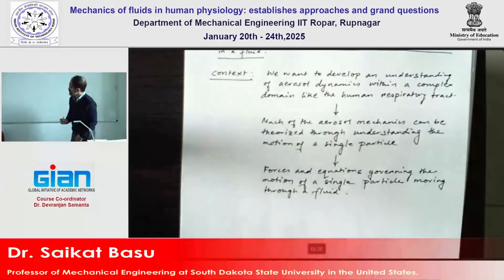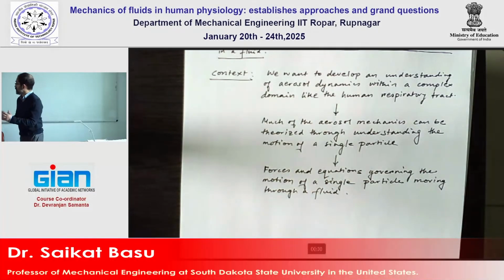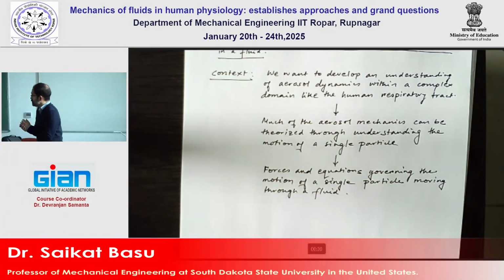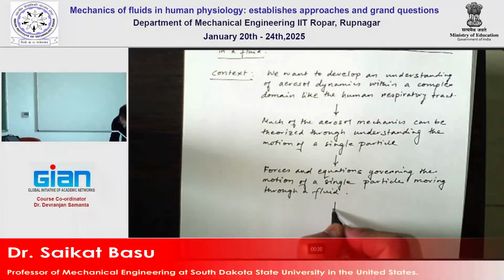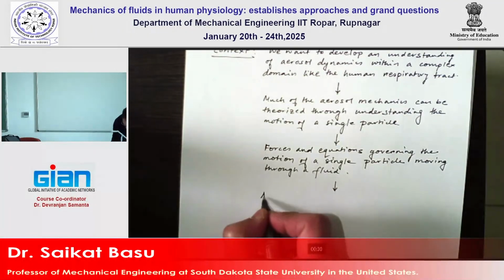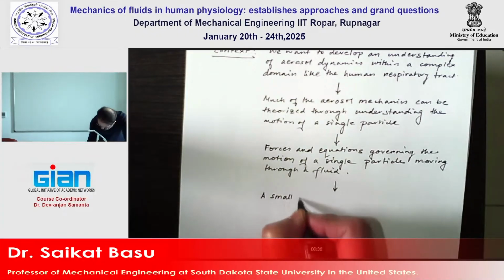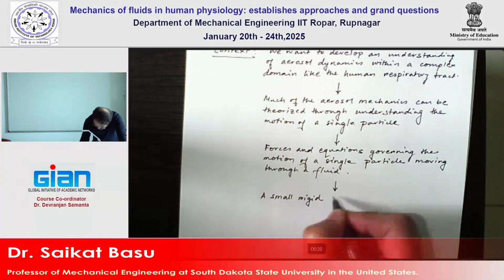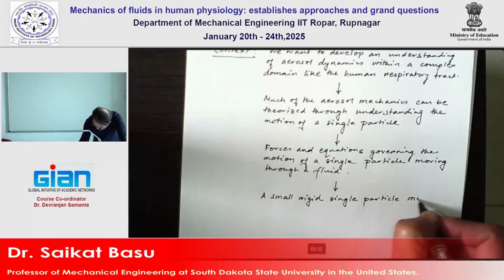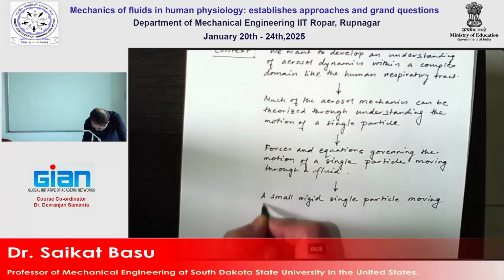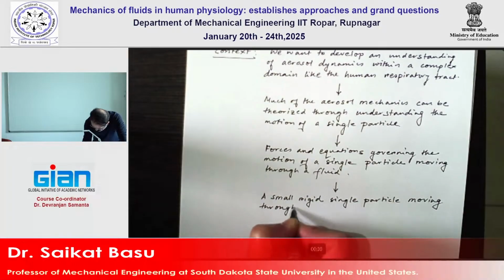While developing those equations, we are going to apply appropriate assumptions in different aspects, like what kind of Reynolds numbers, Stokes numbers, and Knudsen numbers we might expect in those domains. That particle would be a small, rigid, single particle moving through air.